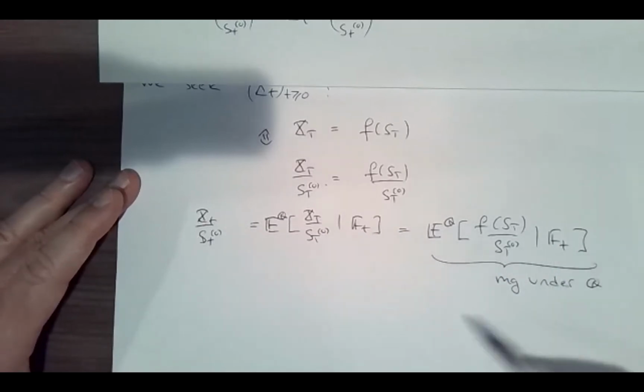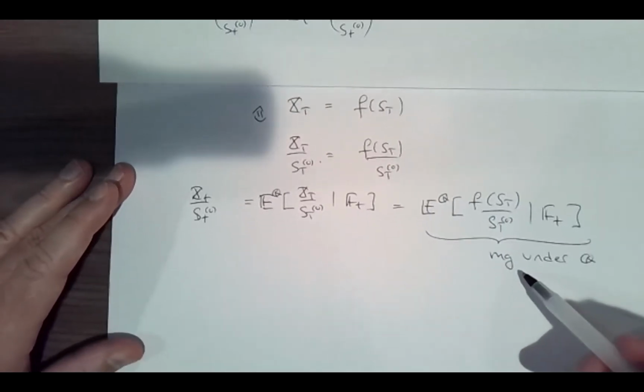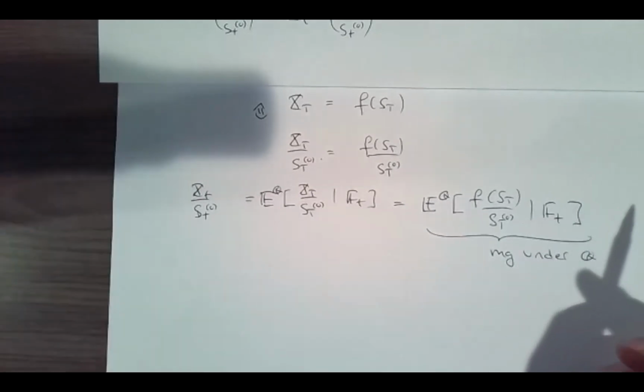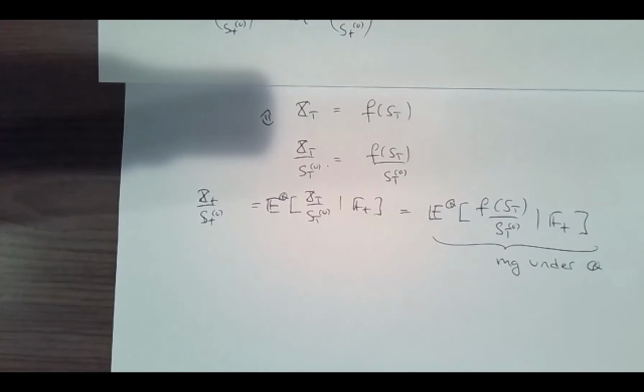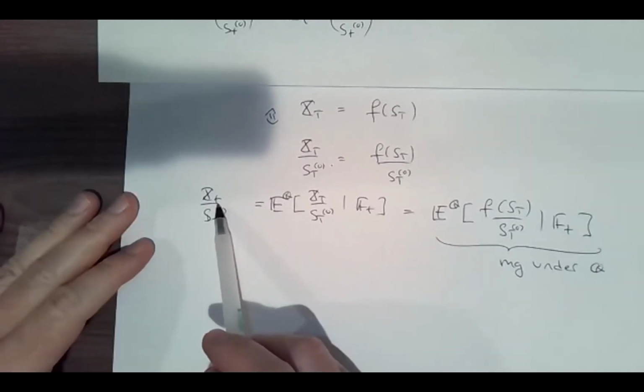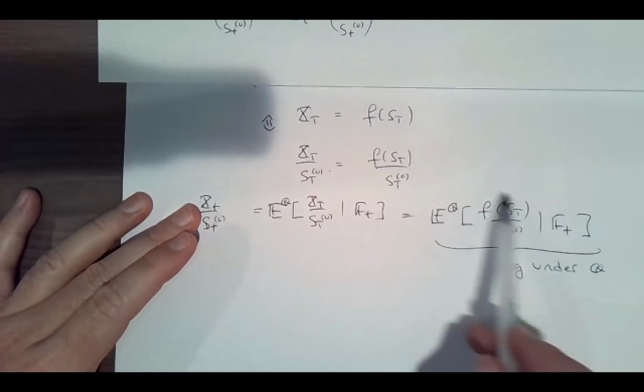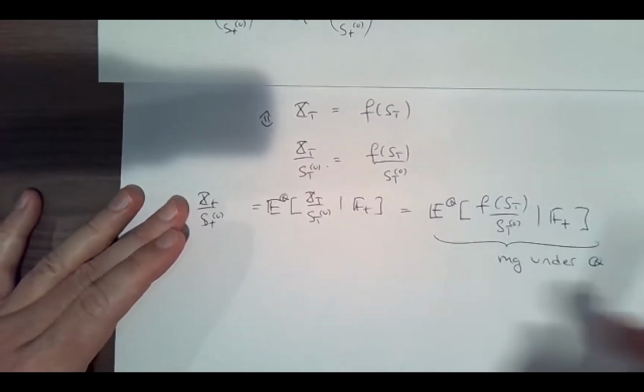It has to be equal to this conditional expectation. It's a martingale under Q, so for example, I can write this as an integral with respect to the Brownian motion. So the initial wealth, for example, will just be x0. That's going to be exactly this expectation we're looking at. So we need to be able to compute these conditional expectations.